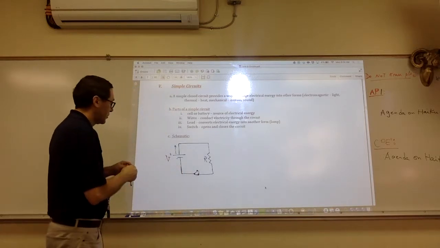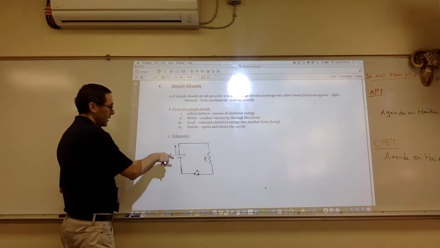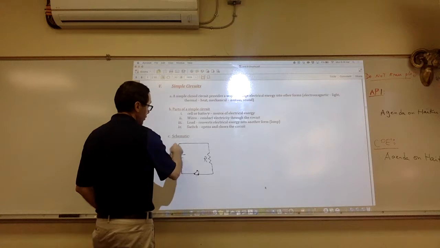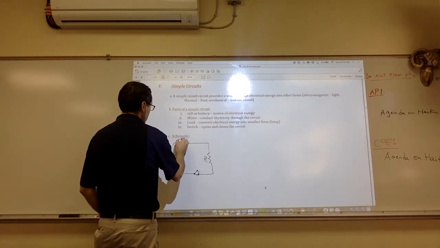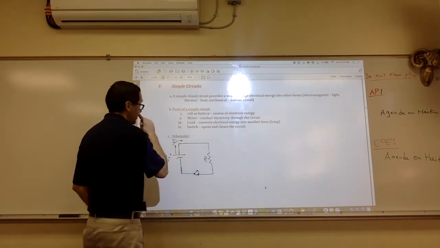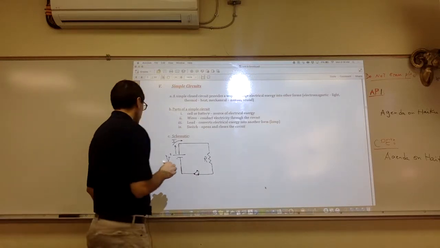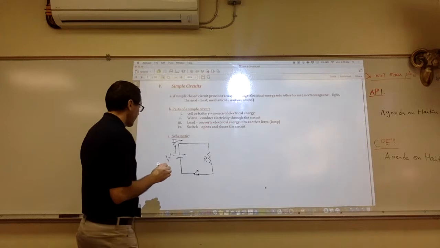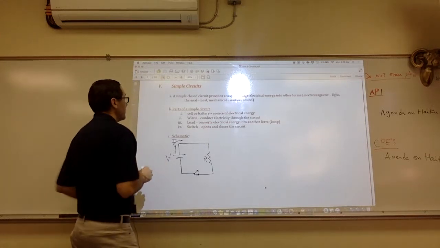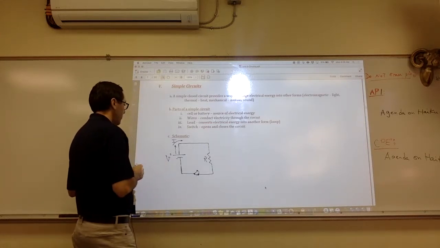If it's in the black position, the circuit is broken and current cannot flow. So the current goes in this direction, just like I showed you earlier. All right, maybe in class we'll talk about the water analogy.